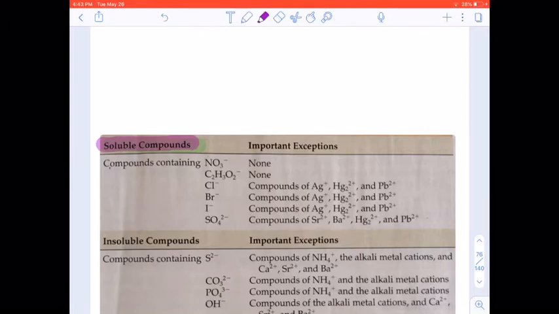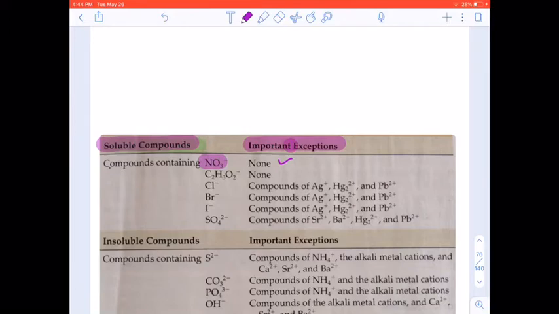We've got nitrate, so compounds containing nitrate are all soluble, and there are no exceptions. That means all compounds of nitrate are soluble. So it could be calcium nitrate, magnesium nitrate, aluminium nitrate, silver nitrate, any nitrate, combining with any positive ion, it's soluble.